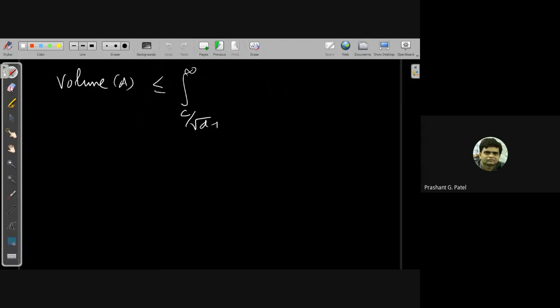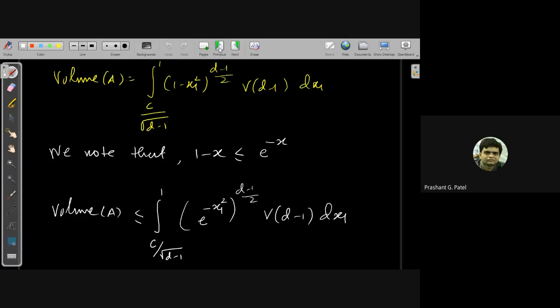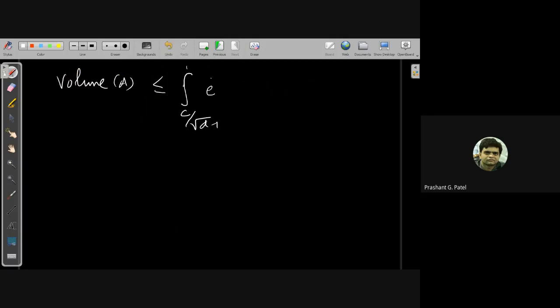Let me write that also. So that is the integration of e power minus (d minus 1) by 2 x1 square times v of d minus 1, from the first limit, plus I'm adding this term from that limit to infinity, e power minus (d minus 1) by 2 x square v of d minus 1 dx1.